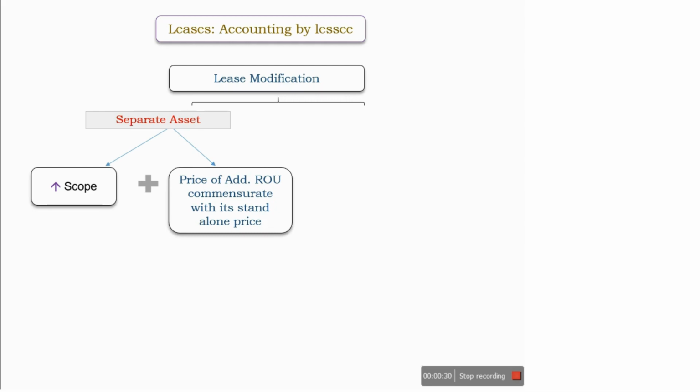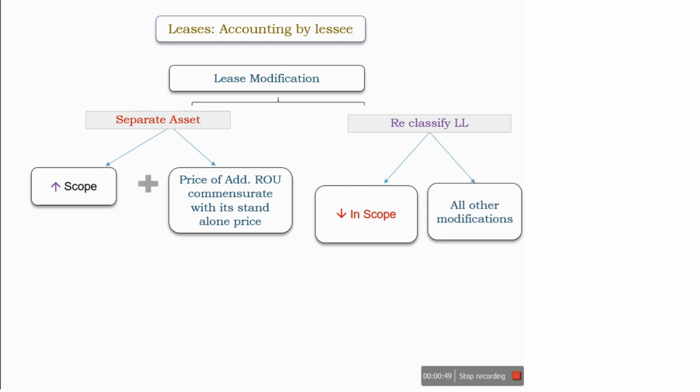If both conditions are satisfied, the lease modification will be booked as a separate asset. In absence of it, it will be booked as a reclassification to lease liability. A decrease in the scope of the asset is also booked as a reclassification to lease liability, along with other modifications in the lease.